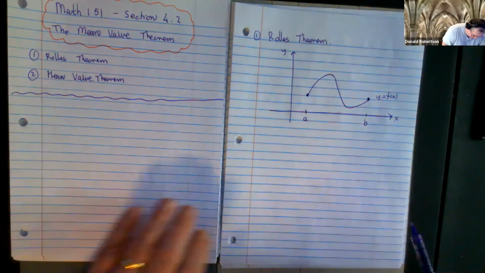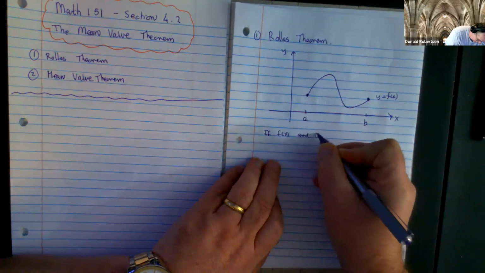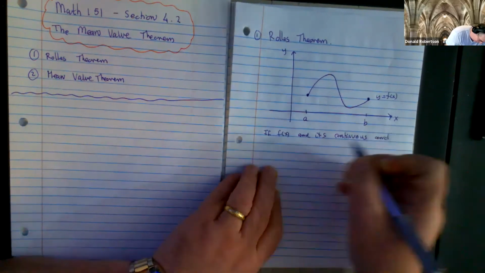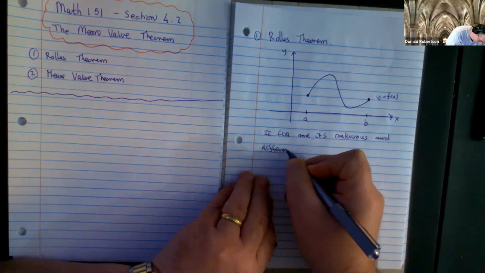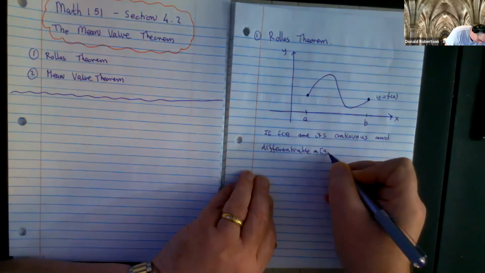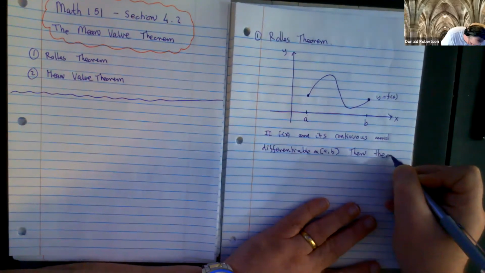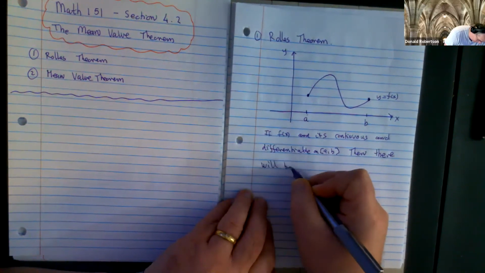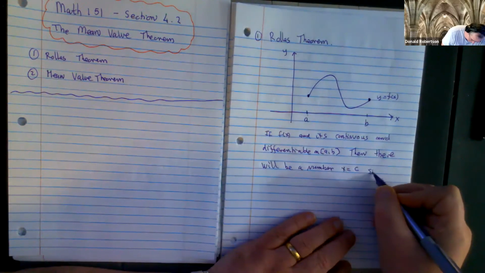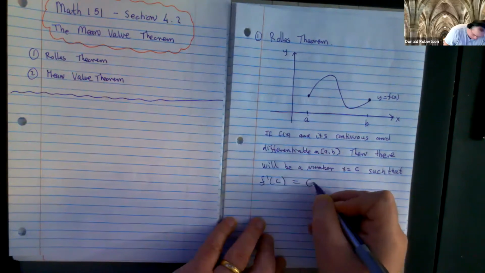And what Rolle's theorem says is, if you have a function f of x, and it's continuous and differentiable, in this case on the interval from a to b, then there will be a number x equal to c such that the derivative at c will be 0.